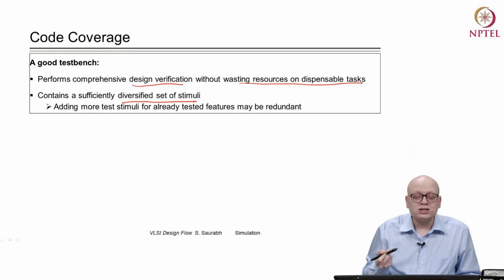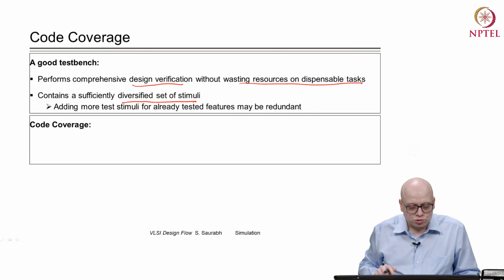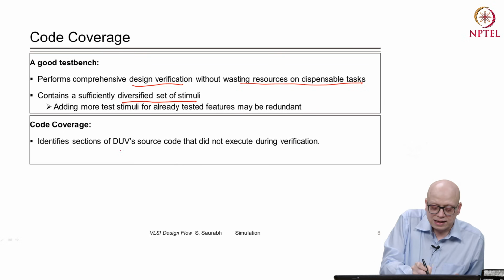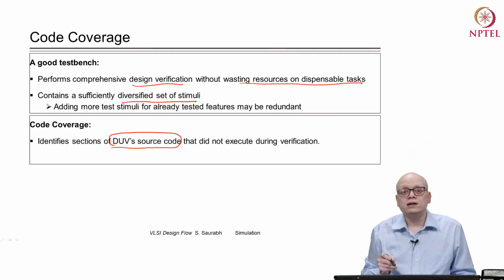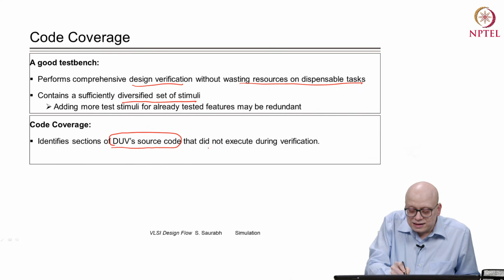But how do we measure that we have done a comprehensive design verification, right? To measure that we use code coverage, and code coverage basically identifies the sections of the design under verification source code, meaning the Verilog model that we created for the hardware, that did not execute during verification, right.